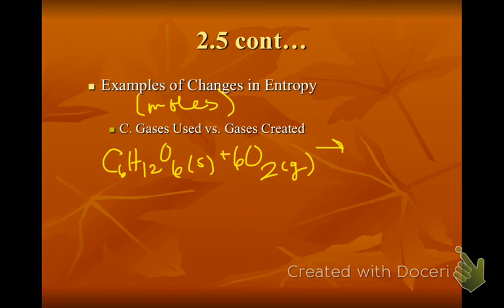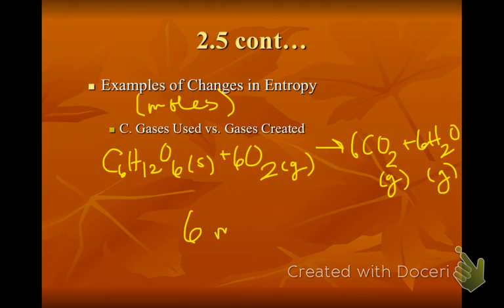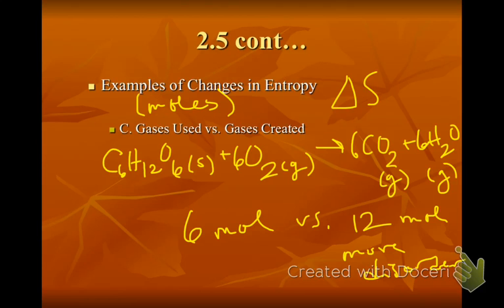And because we know that this is respiration, we know that we're going to make 6 moles of CO2 gas and 6 moles of water vapor. And so if I look at this equation, just based on the sense that there's only 6 moles of gas over here versus 12 over here, this is going to have more disorder simply because you end up with more of the gas than you started with. And gas is, remember, the trump card when it comes to disorder. So we could predict that this reaction would have a positive delta S.